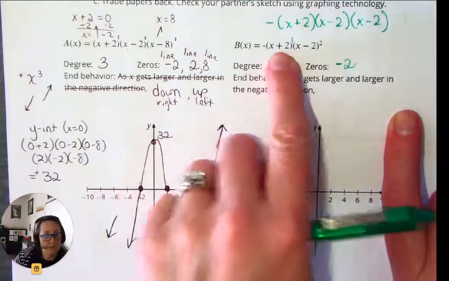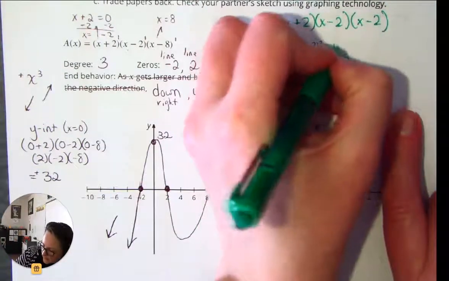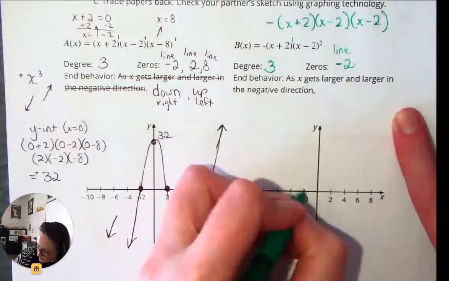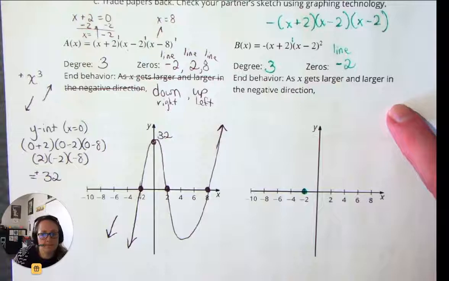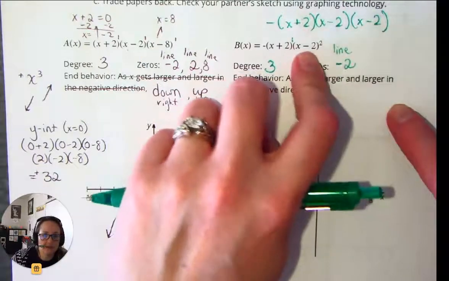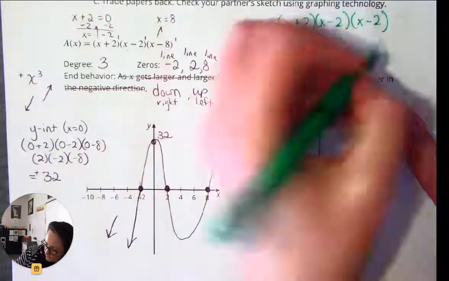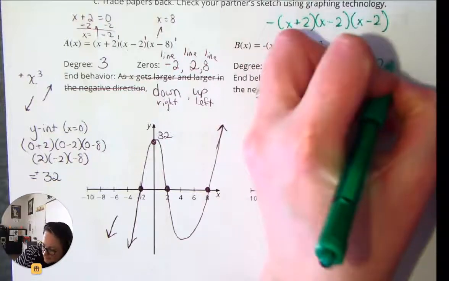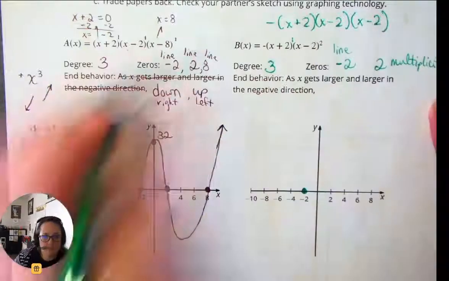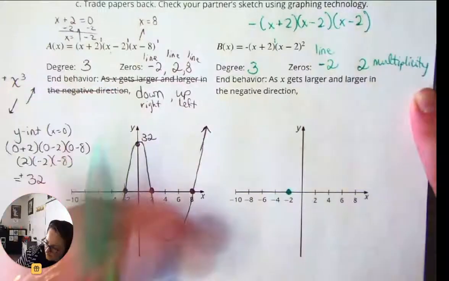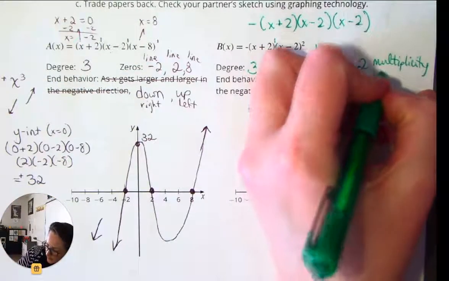It's only happening one time, so it's going to have a line there through -2. My next 0 here at +2 has a multiplicity. So I'm going to mark that here. It's got 2 with a multiplicity of 2.